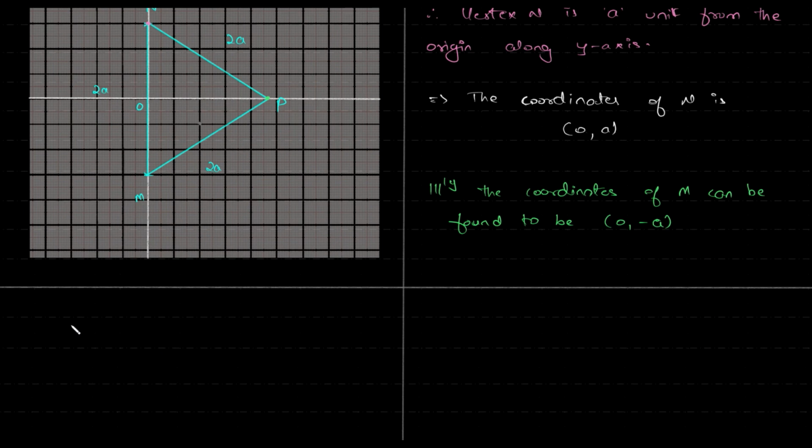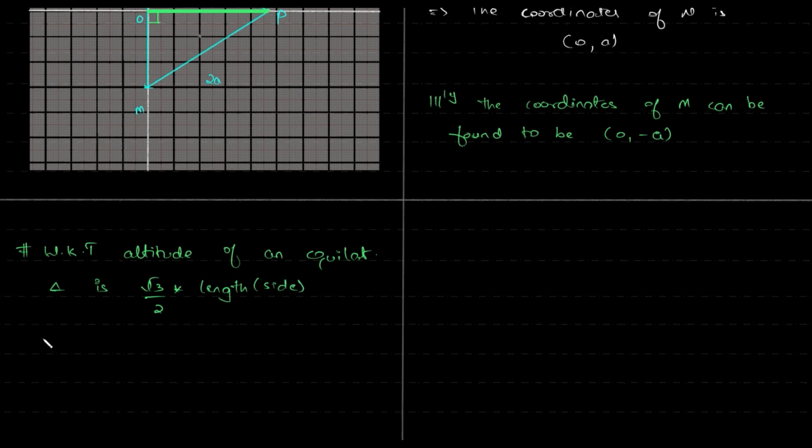So point P, how can we find that? Well, OP is an altitude. Right? So we know that the altitude of an equilateral triangle is root 3 by 2 times the length of the side.